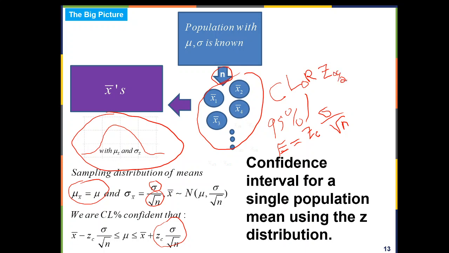I'm going to show you why we call it alpha over 2 in a second. So, a certain number of standard deviations to the right and to the left of the mu. That means X bar. So E is the error bound for the mean. We could just call it E.